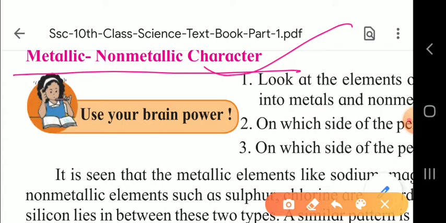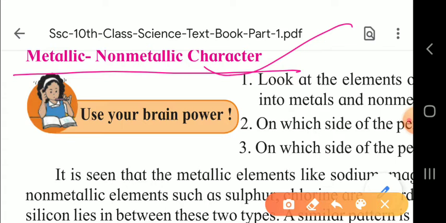A similar pattern is also observed in the periods. So it is seen that the zigzag line separates the metals from the non-metals in the periodic table. Elements appear to be arranged in such a way that metals are on the left side and the non-metals on the right side, and the metalloids are along the border of the zigzag line.